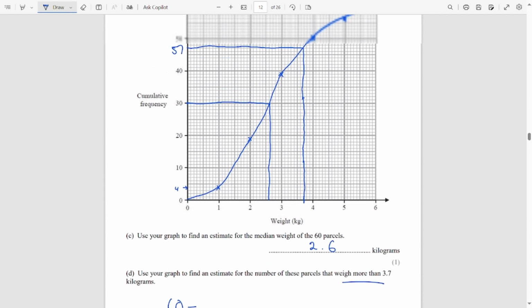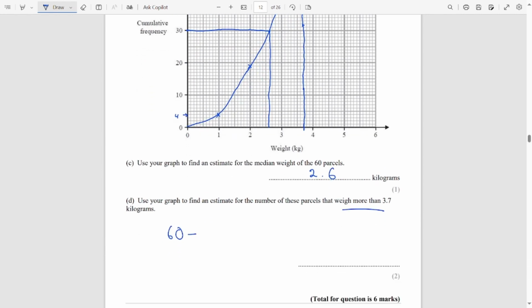And I'm going to start, sorry, there's a mistake there. Apologies, that is not 57, that is 47. So I'm going to take all 60 parcels, I'm going to subtract 47 from it. So I was reading the scale incorrectly. And so 60 minus 47 is 13, and I can write that number on the dotted line.